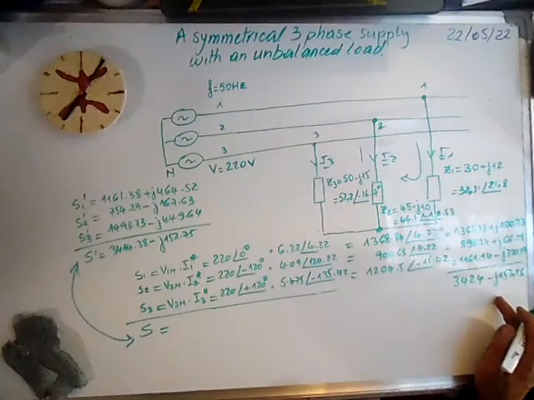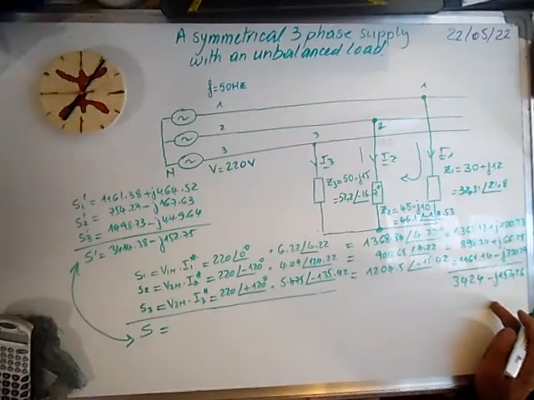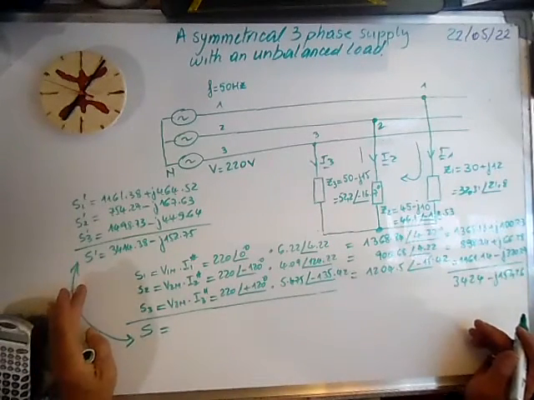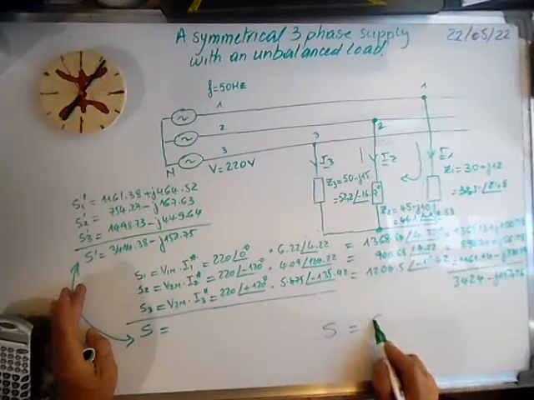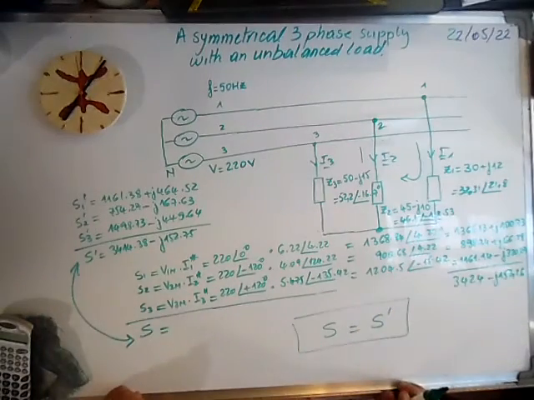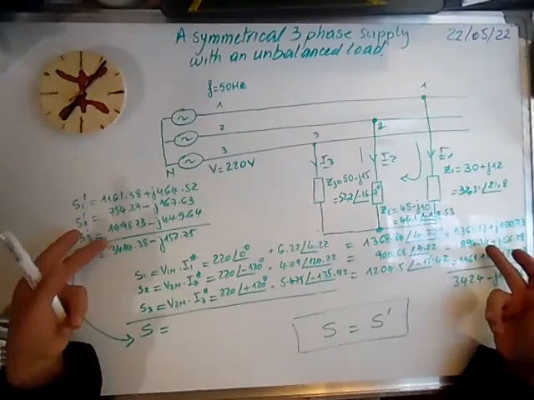Of course, we could be closer if the calculations were very accurate. So we finished here, and we found that S produced by the generator is equal to the power taken by the load. And in every phase, the powers are different, as you see here.